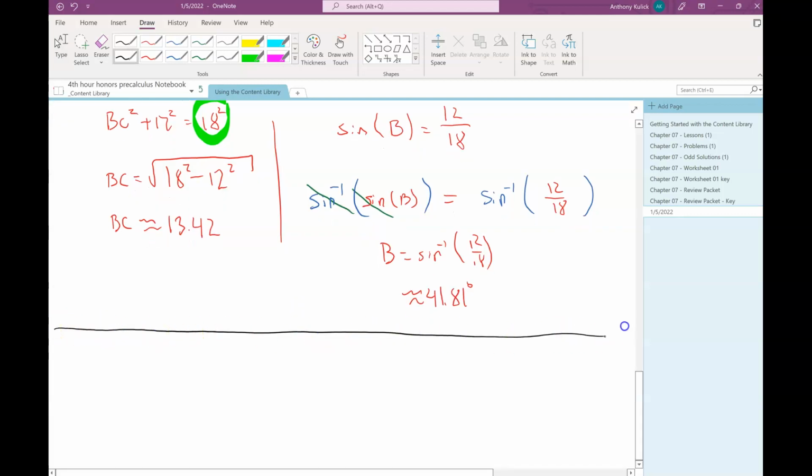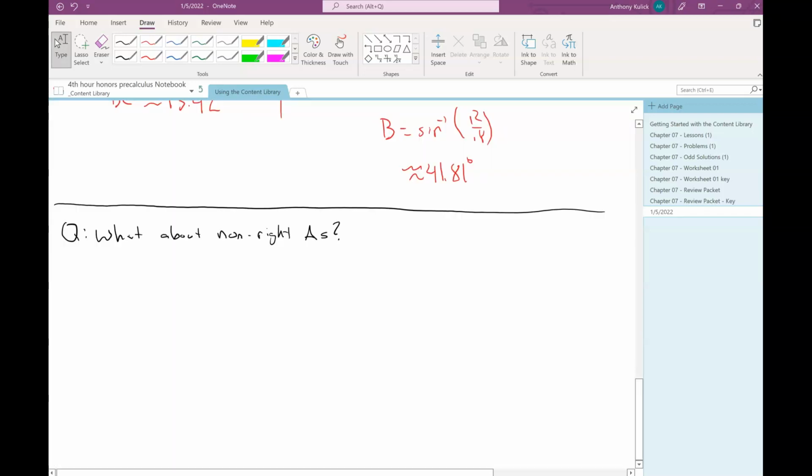So what you should be left with then is, okay, what about non-right triangles? Right? So we don't have any Pythagorean theorem. That doesn't hold. And we have no SOHCAHTOA.